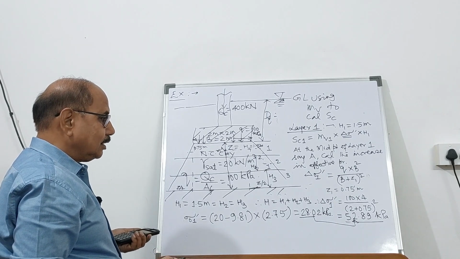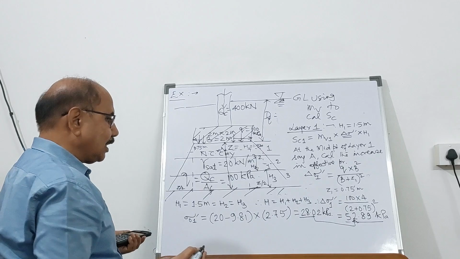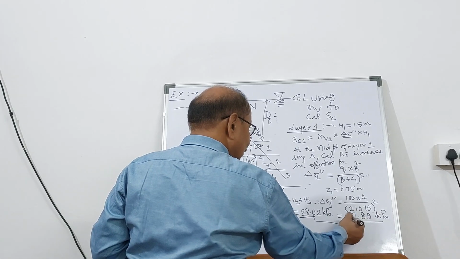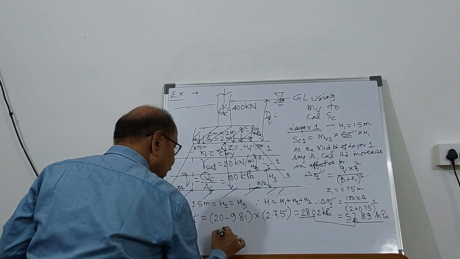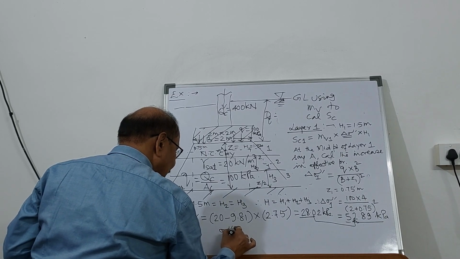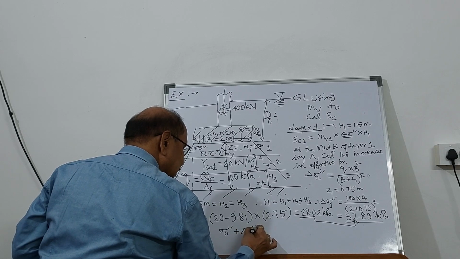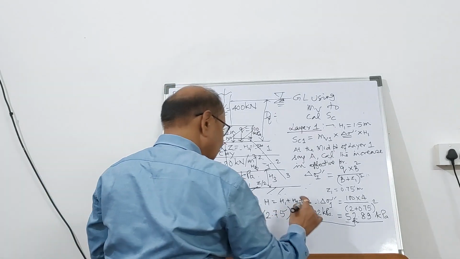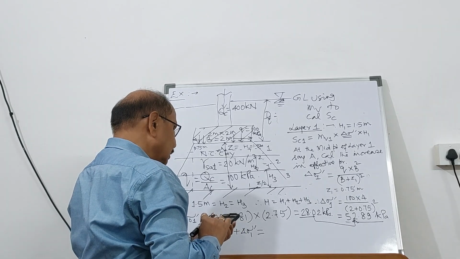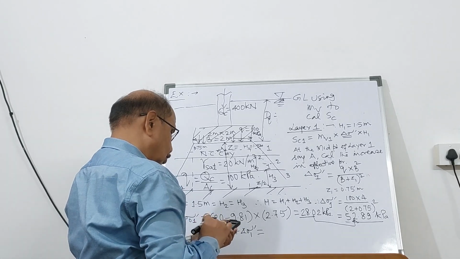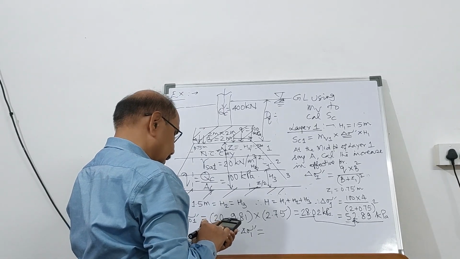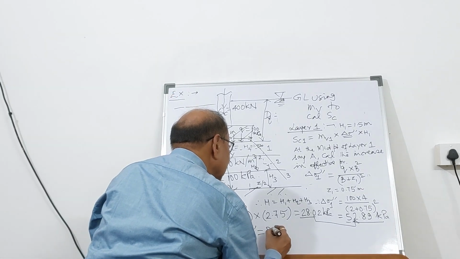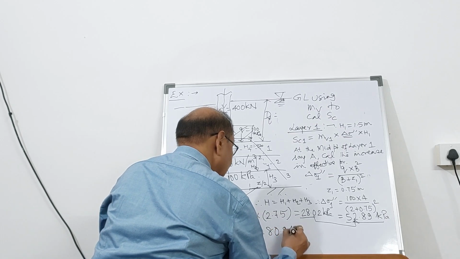So the total pressure, sigma naught prime plus delta sigma prime of layer 1, is 28.02 plus 52.89. So it becomes 80.91 kilopascal.